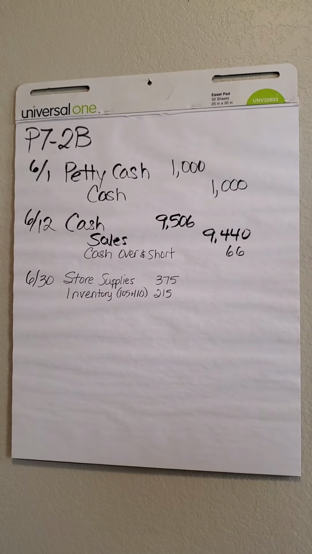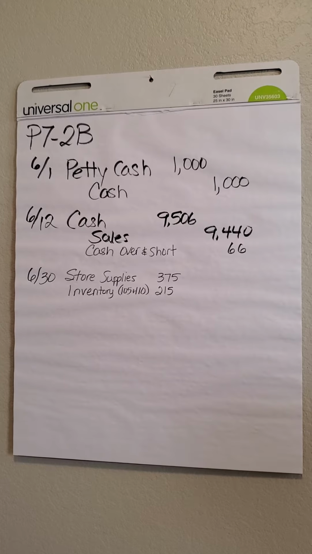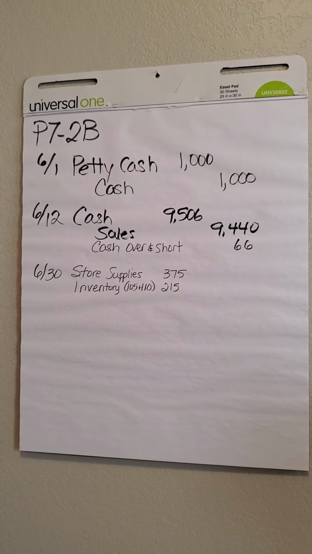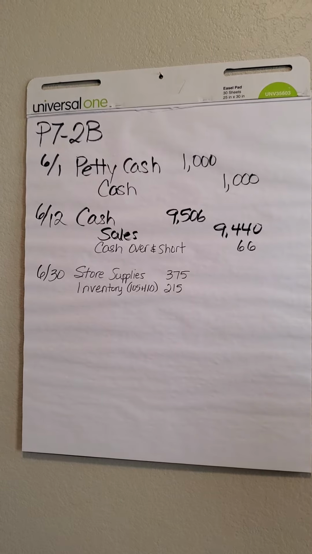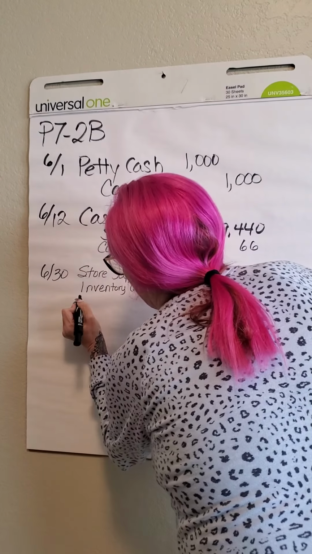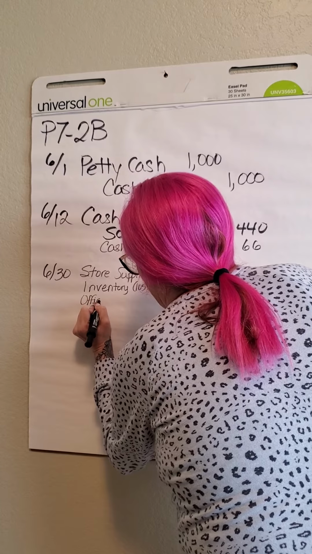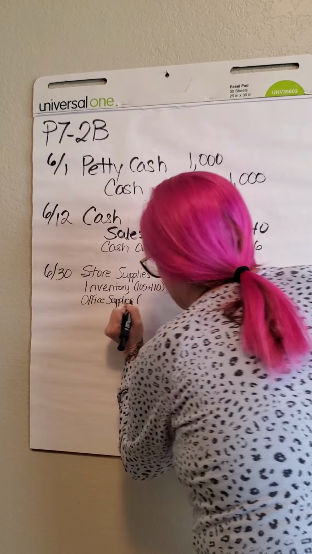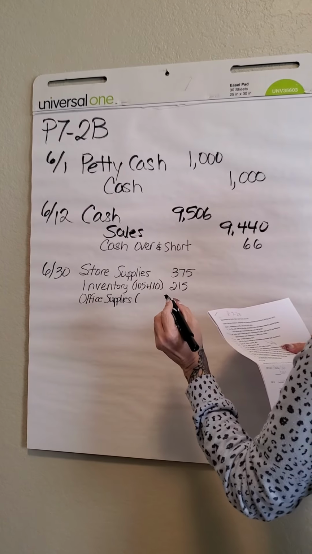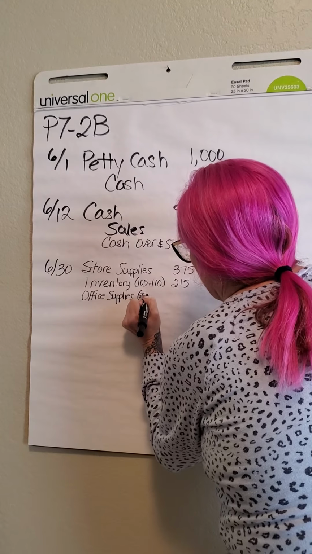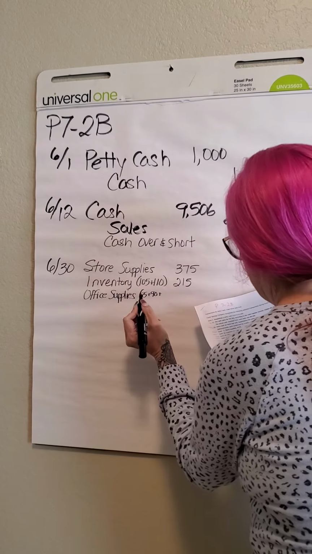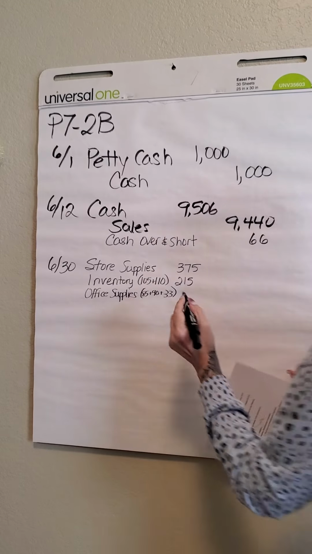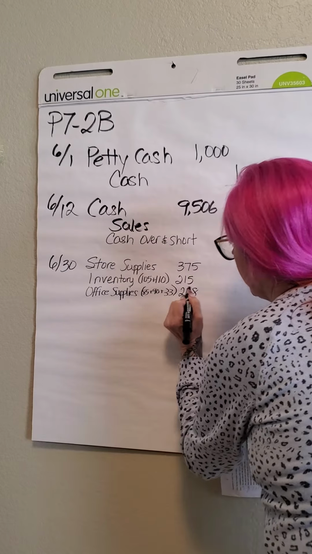And we had three items for office supplies, and one of those items included the postage stamps. So we're going to debit office supplies for all three of those purchases: 85 plus 90 plus 33, which comes to $208.